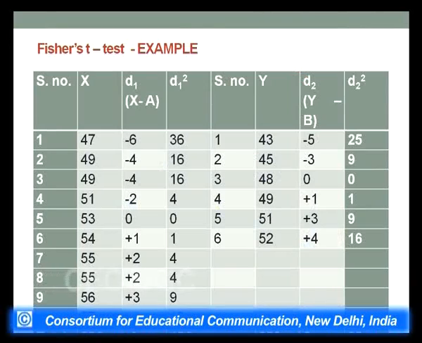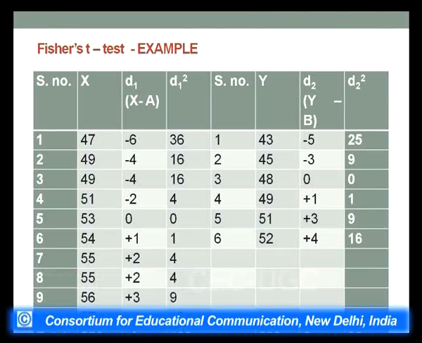Then we put this data into tables and work it out. See this transparency, next one, where you can see on one side we have written all X, which is the representative of the population, and the same exercise we have done. We have taken out the difference from the average, like we did in student's T-test.